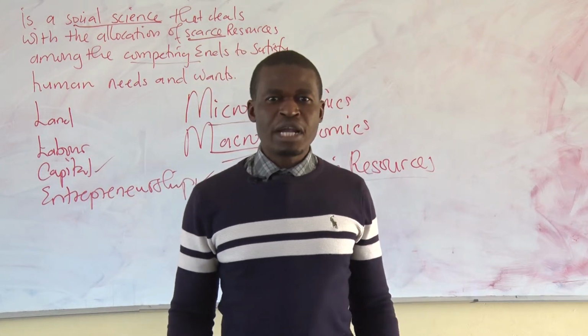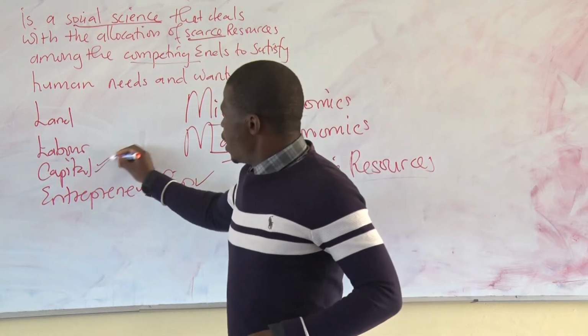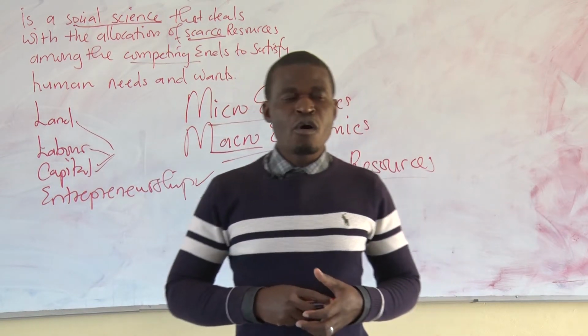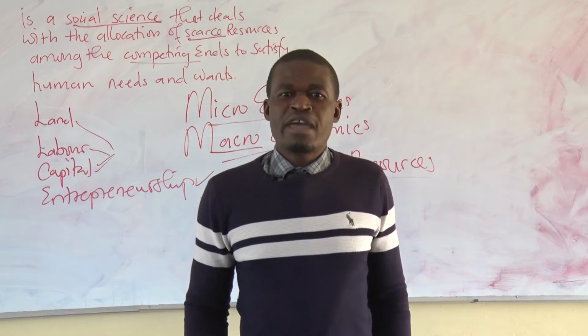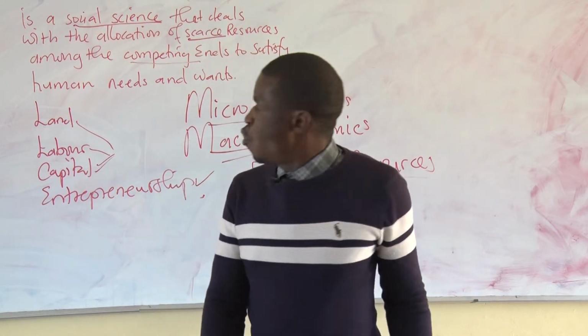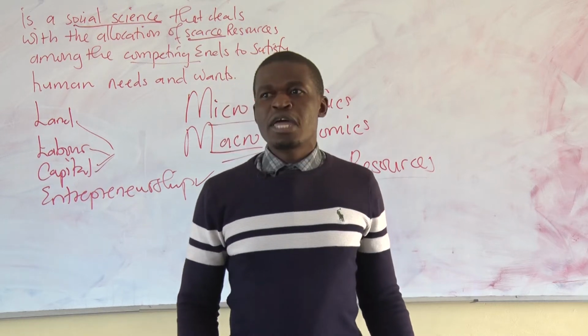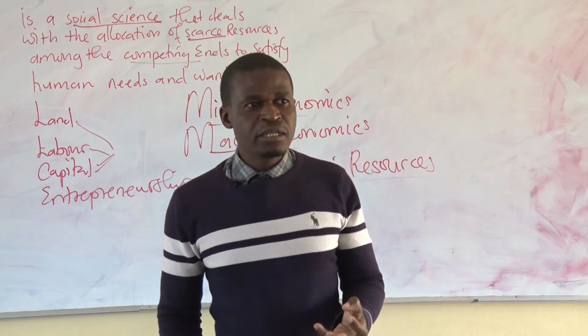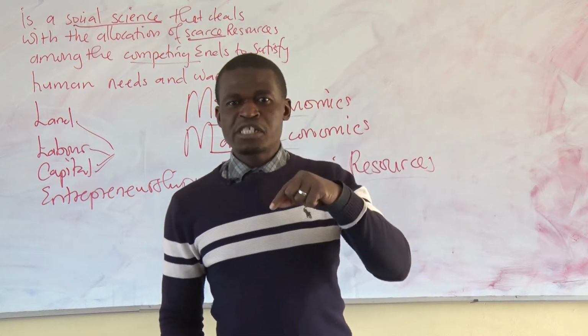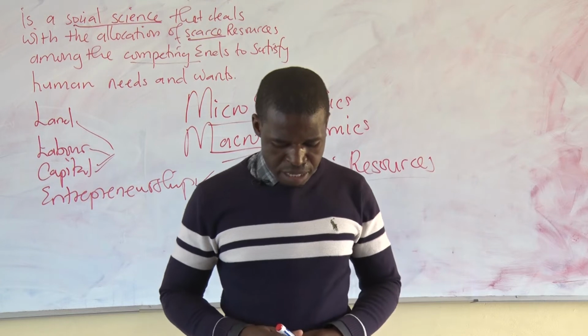Entrepreneurship is the act of combining labor, land, and capital for the purpose of making a profit. An entrepreneur is a person who combines land, labor, and capital, innovates, and produces goods and services for the purpose of making profit.